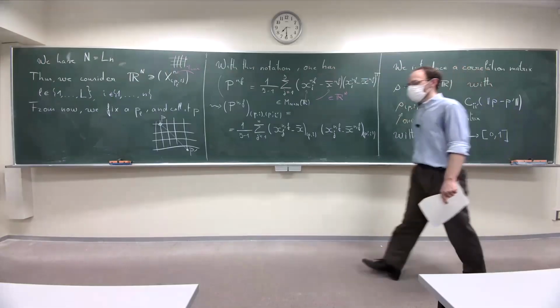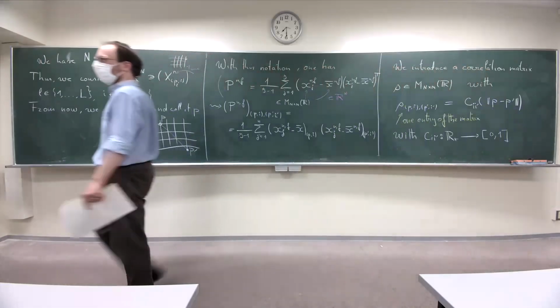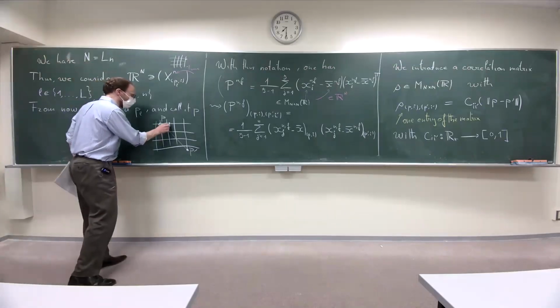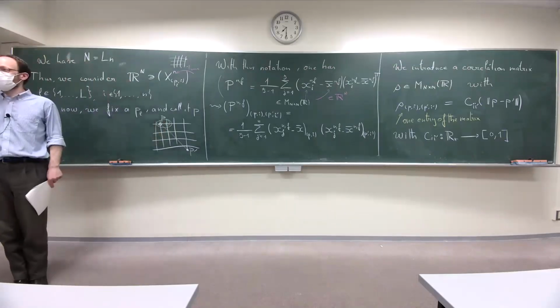Can you tell me if it is decreasing or increasing? What do you think? I haven't introduced so much information, but I want to call it a correlation matrix. So it should decay. If two points are far away from each other, the coefficient linking these two points should be small. On the other hand, if two points are close to each other, I want to say they have a correlation.